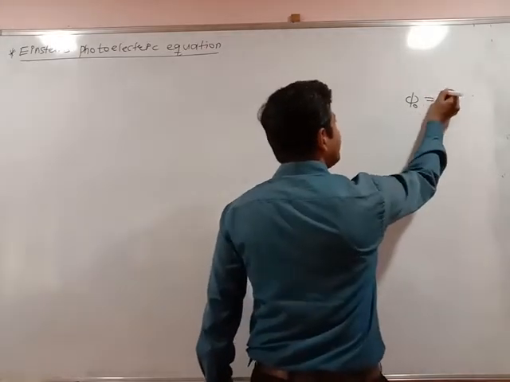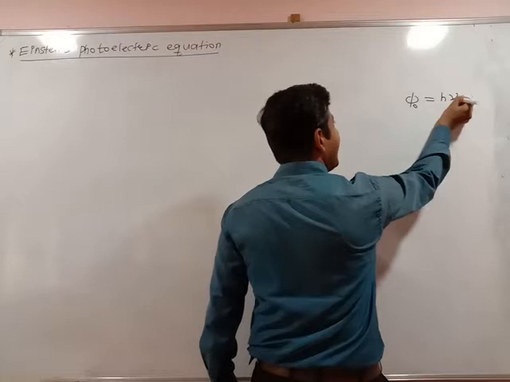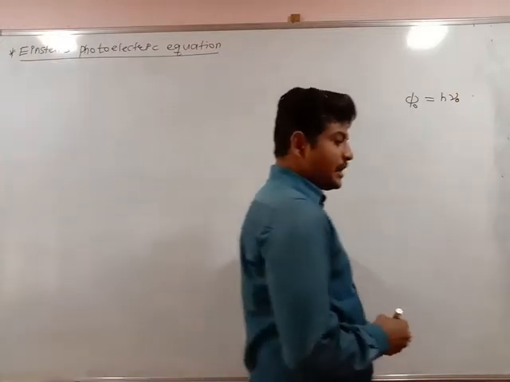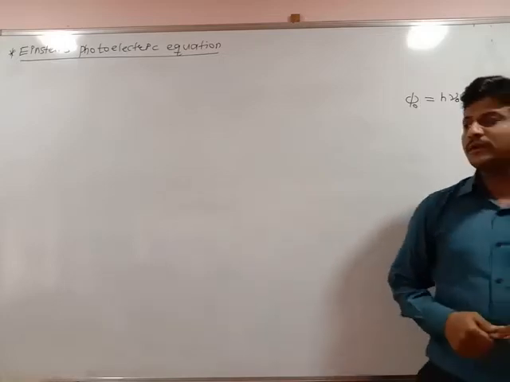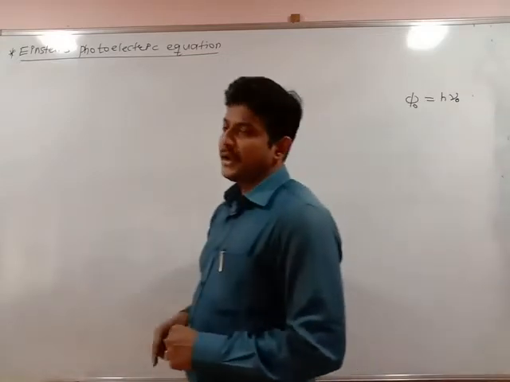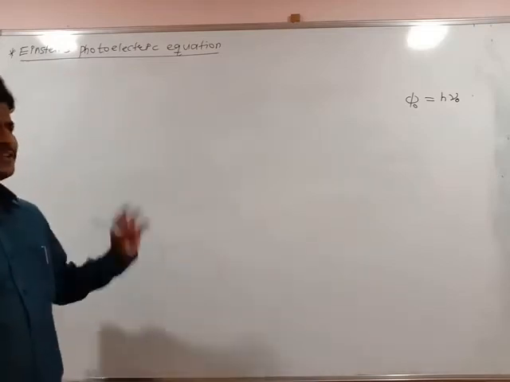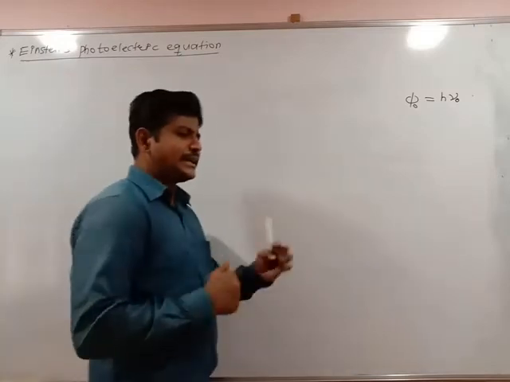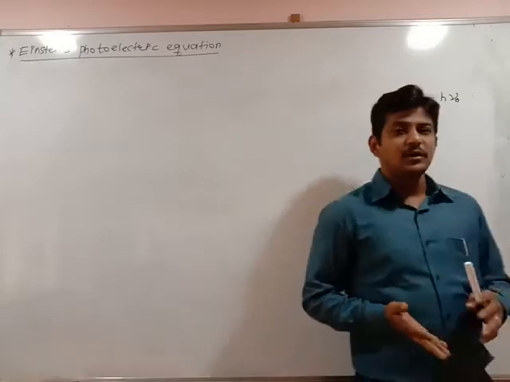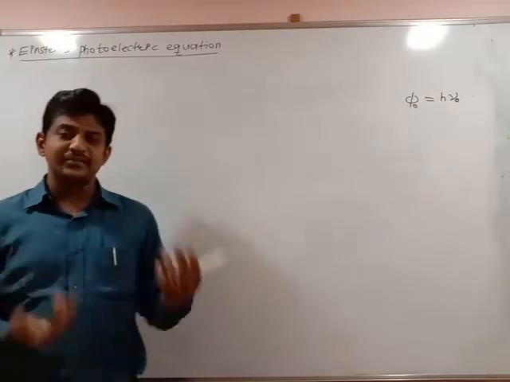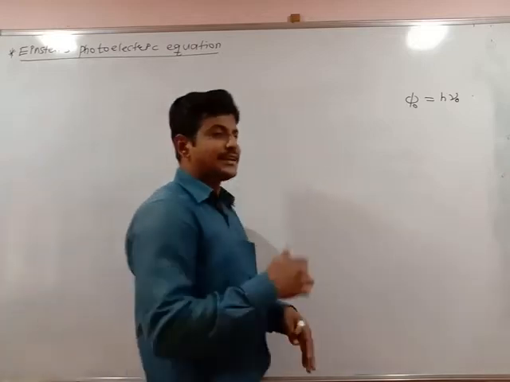Also it can be written as h nu 0, because nu 0 is what? The minimum frequency at which photoelectrons eject from the outermost orbit of the metal, pass through the circuit and carry the electrical current. So all these phenomena are just interrelated. What happens to the photoelectric current if you increase the frequency, increase the intensity of light, or increase the accelerating potential?